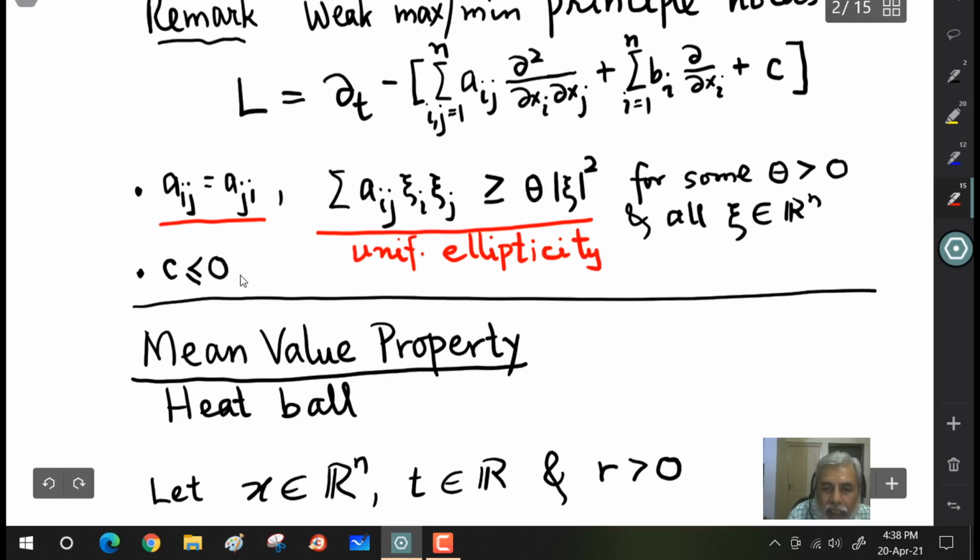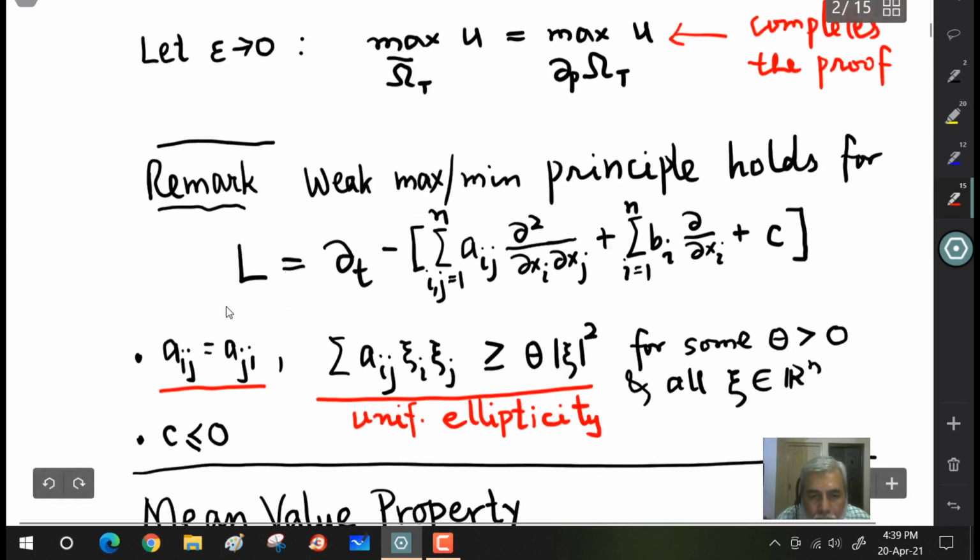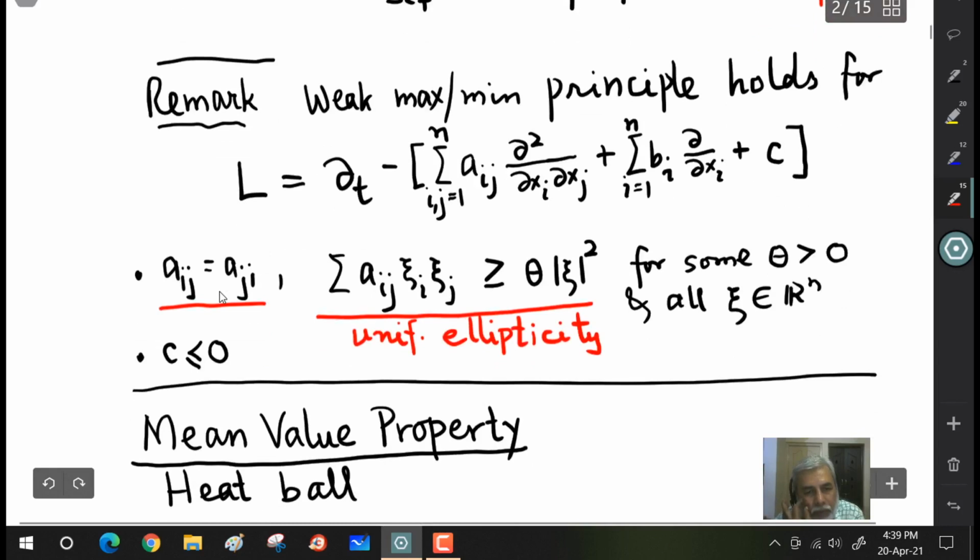In this context it's also referred to as uniform ellipticity, and there is a sign condition on c. With these assumptions, again one can prove weak maximum and minimum principle for solutions of Lu equal to 0. That's not difficult, and it just uses some simple properties from linear algebra. We'll discuss that in assignments.